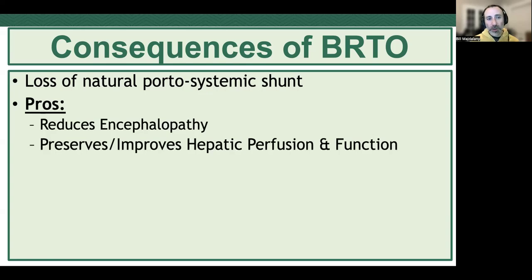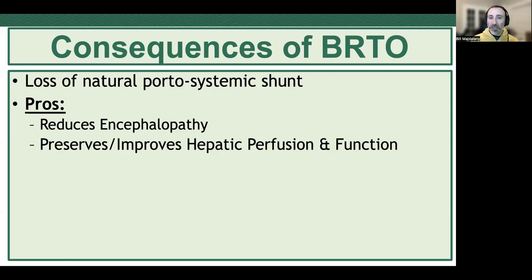Similarly to a TIPS, these portosystemic shunts are also bypassing the liver's ability to detoxify. So if you eliminate them, you're going to reduce encephalopathy. This is something that you'd want to do, particularly if a patient's encephalopathic.